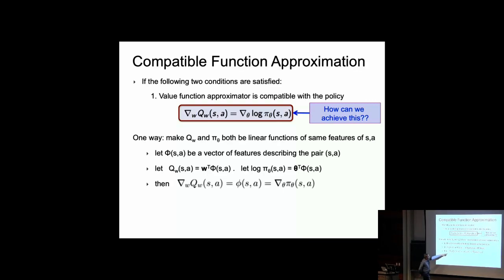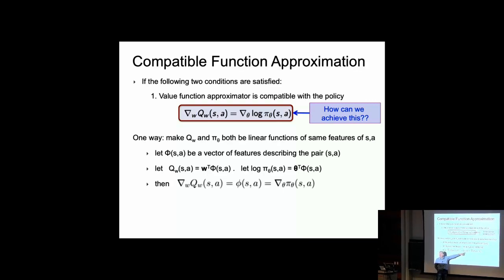Well, in that case, we made it true, right? Because now the gradient with respect to W of Q is just phi of SA. And similarly, the gradient of the log probability here with respect to theta is also phi of SA.